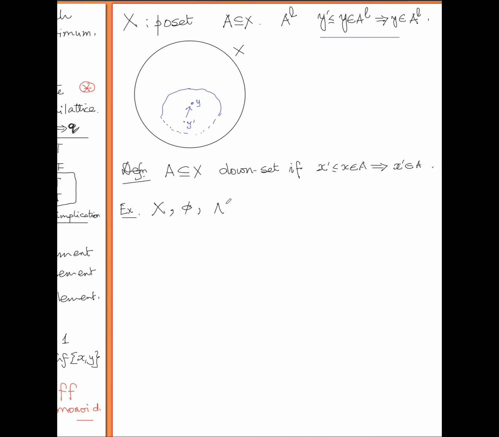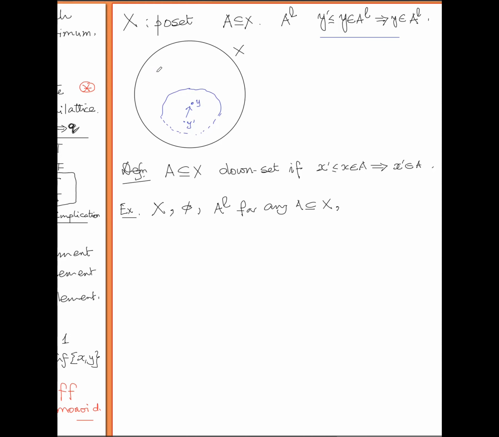So the lower bounds of any A is a downset. So they are all downsets. Can you give me anything else? Look into this diagram.